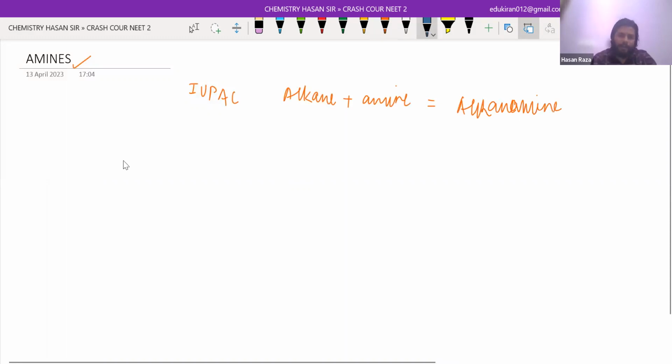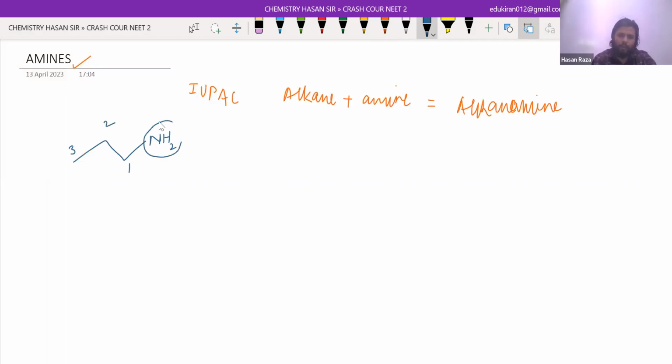If you have this, you write the numbering like this. This is your main functional group, and you can write its name, propane amine. There is no branch in this, propane amine, and it is a 1 degree amine.